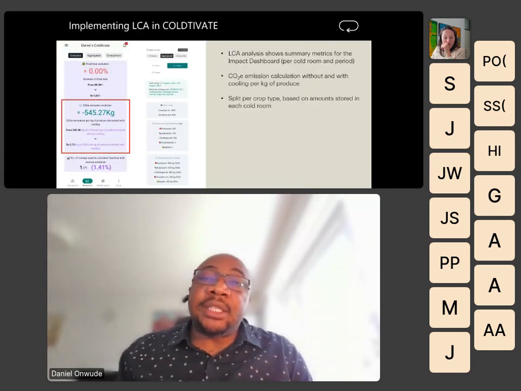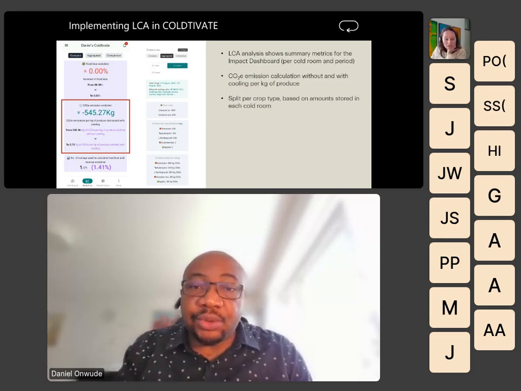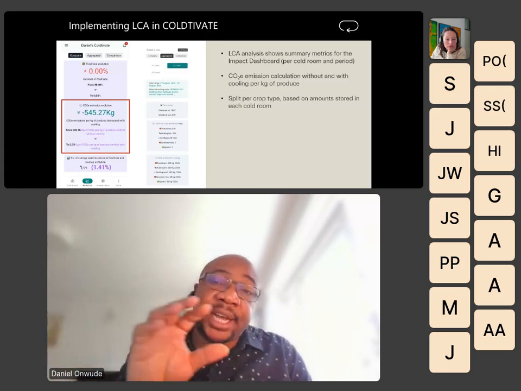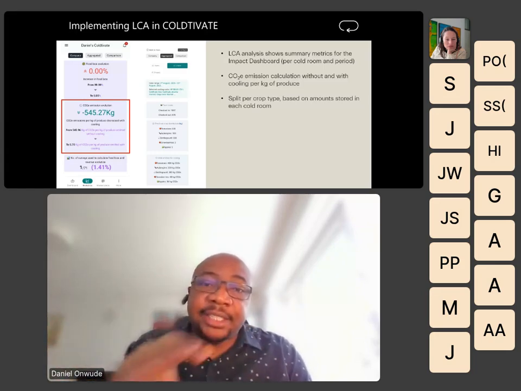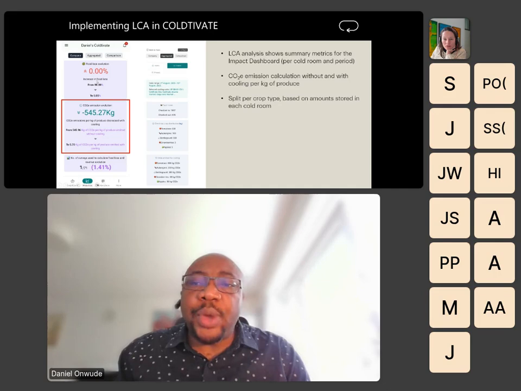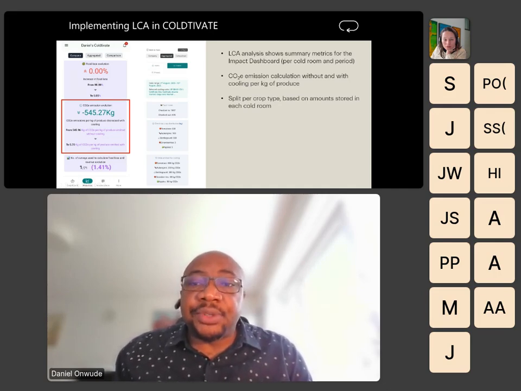And then this slide shows how the LCA results are presented through the Cultivate Impact Dashboard. I gave a glimpse earlier when I showed the system architecture. On the left, you see an example where users can track food loss evolution. Here, food loss has been reduced, as I said earlier, from 80% to almost zero.